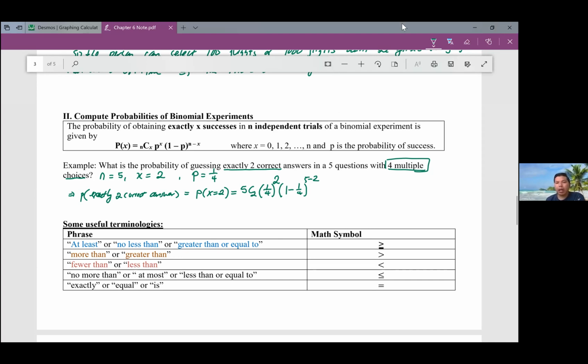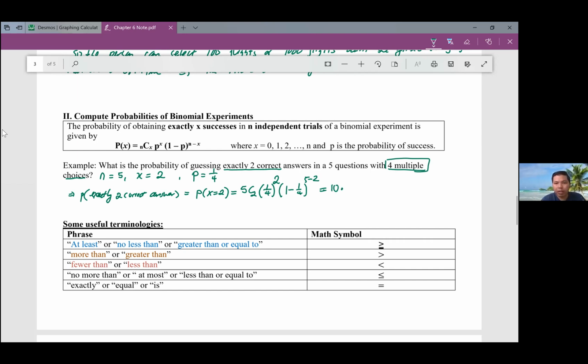Okay, and here we go. We can use a calculator for what is 5C2, right? And then we just plug it in, and we should be okay. So that will be 10.